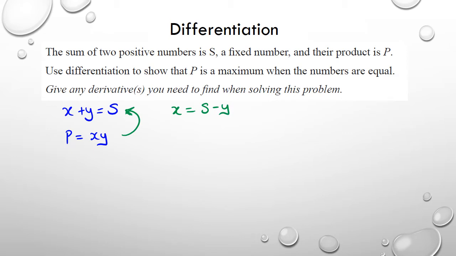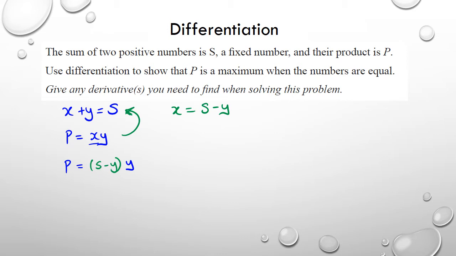Does that make sense? Because the total minus the second number equals the first number. So I can rewrite the product formula: instead of x, I put s minus y and then multiply by y. Does that make sense so far?